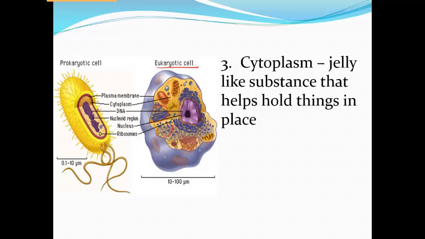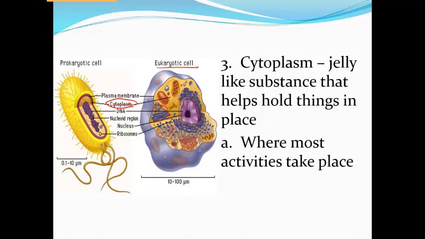Whereas in a prokaryote, they have the cytoplasm as well, they just don't have as many objects to hold into place. The cytoplasm is where a lot of activity is going to take place as we get into some chemical reactions that happen during photosynthesis and during cellular respiration. We'll look more at what happens in the cytoplasm.